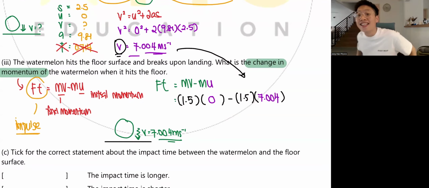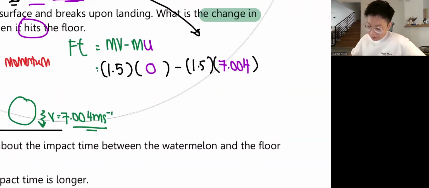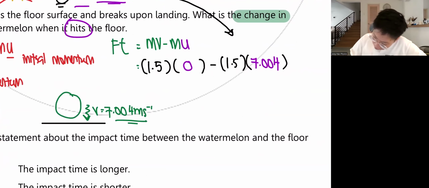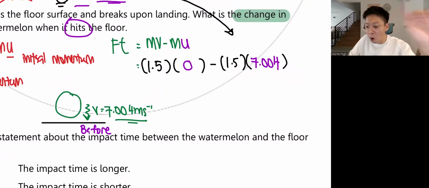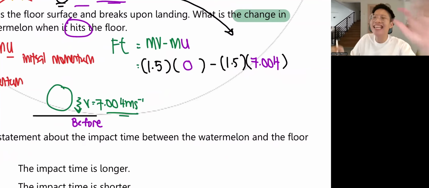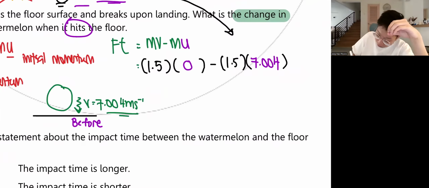Yes, okay. This question asks you when it hits the floor. So if you picture hitting the floor, this is like the before. The moment upon impact, when it hits the floor, is 7.004. So now this automatically becomes the initial. Then how does the final look like?